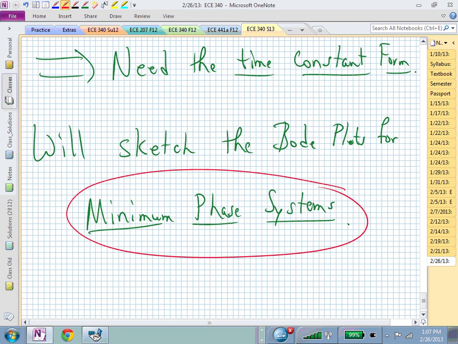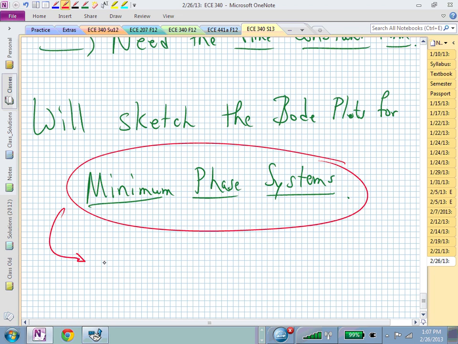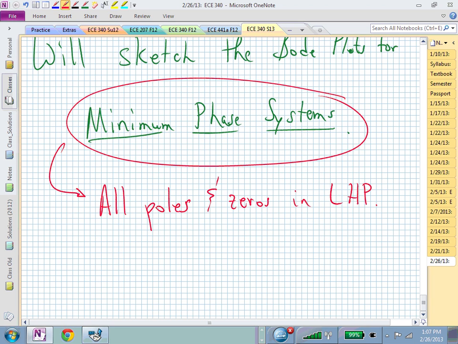A minimum phase system then says that all of the poles and zeros are in the left half complex S-plane. And that's what we will restrict our attention to in this class. We will always have our poles and zeros in the left half plane when we're sketching Bode plots.